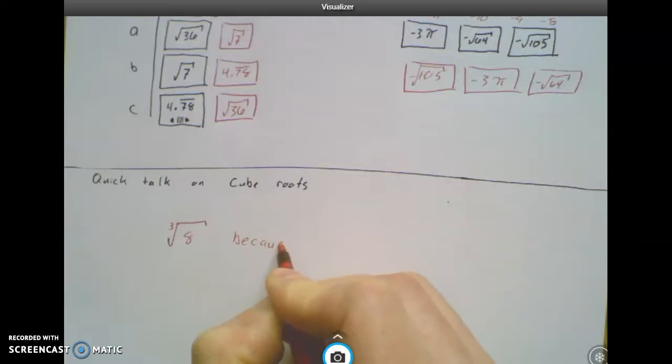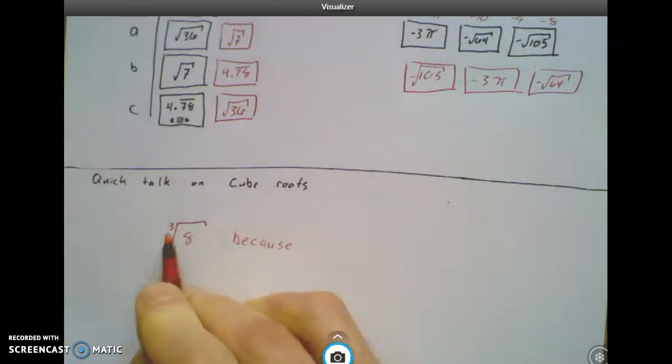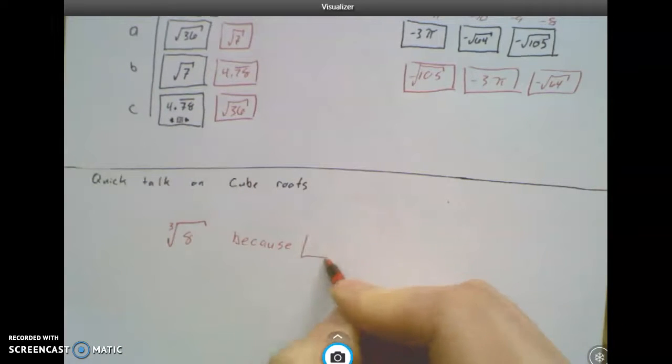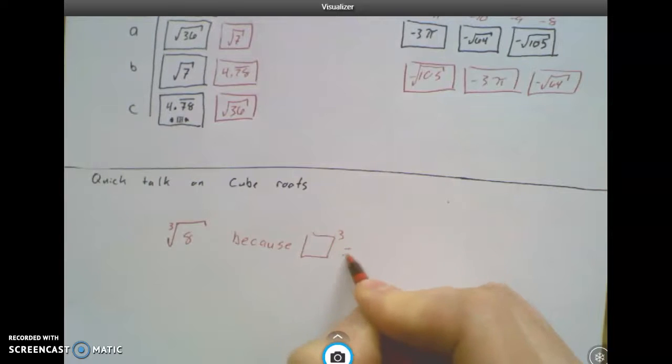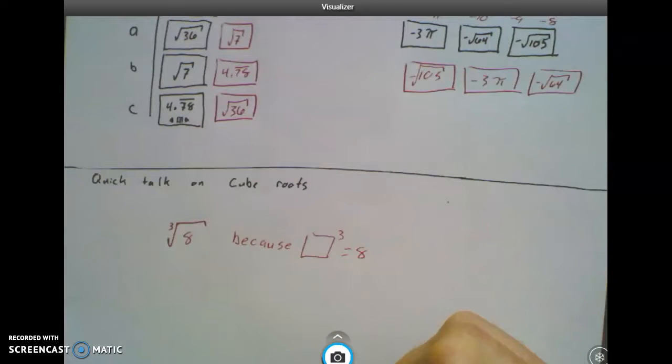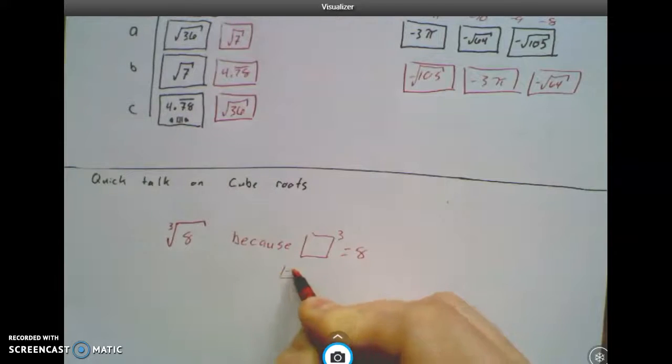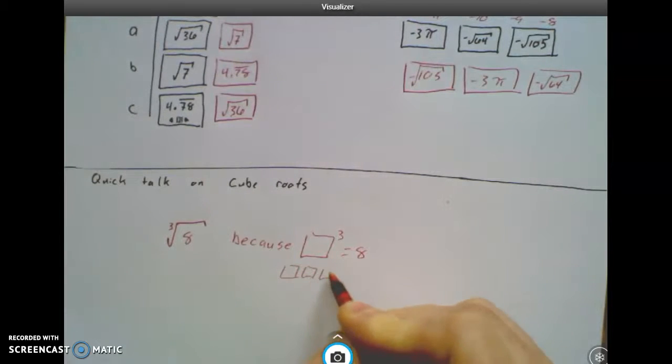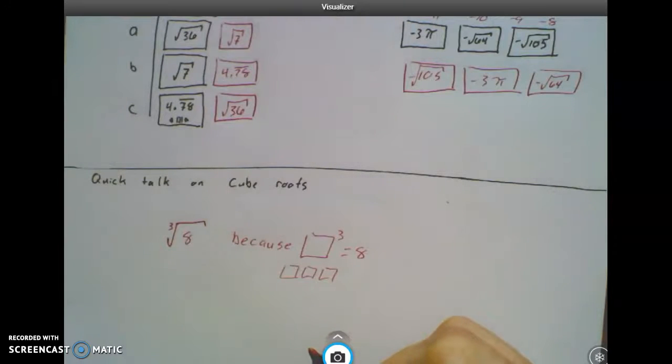The only difference is I'm not asking what number squared, because this isn't squared, that's a cube. So I'm saying what number cubed is 8? In other words, what number multiplied by itself 3 times? This is literally a guess and check operation.